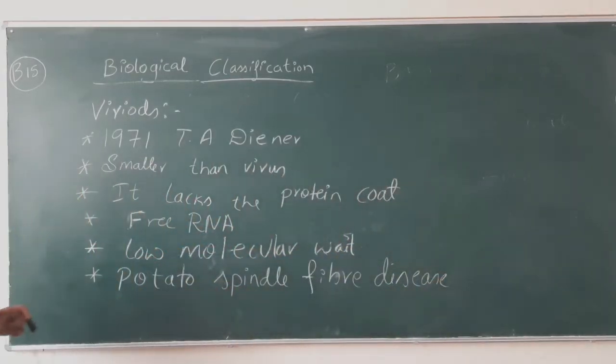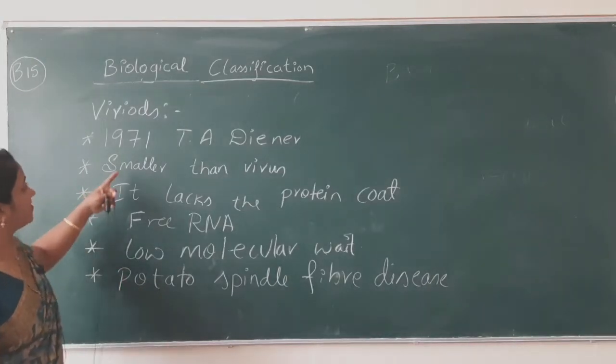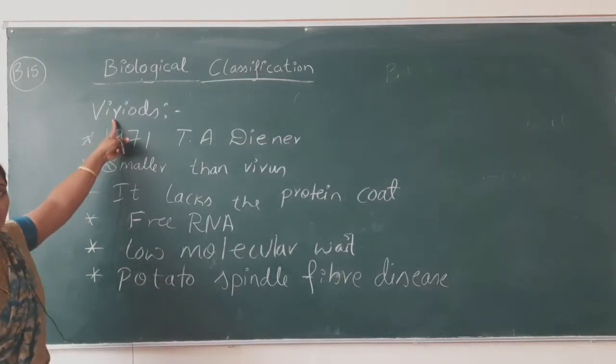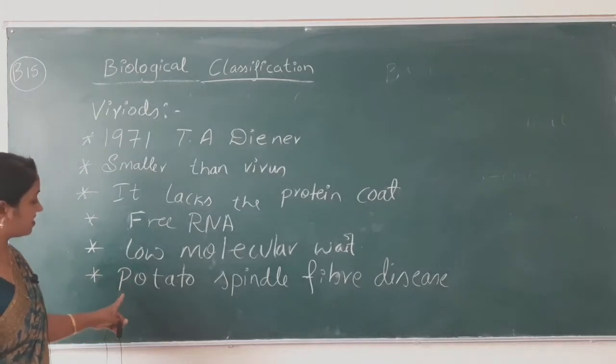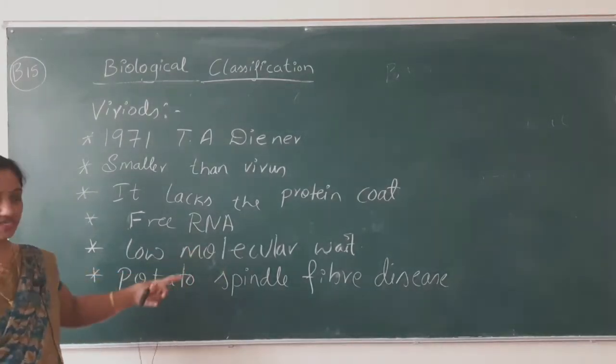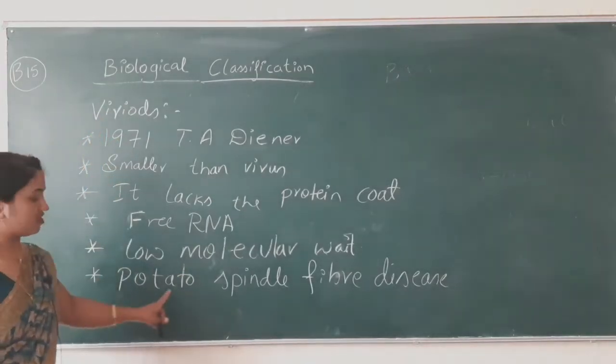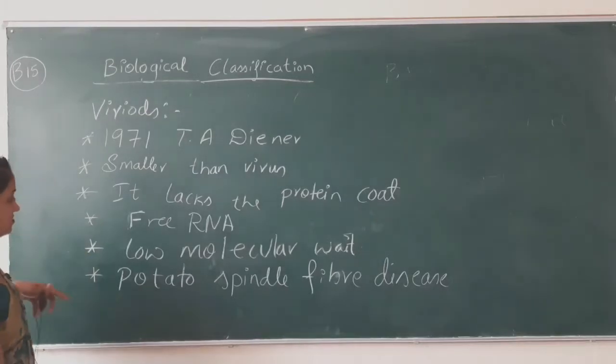Spindle fiber disease. If they ask you to write the disease name caused by viroid, what will you write? You have to write potato spindle fiber disease caused by viroids to the potato plant.